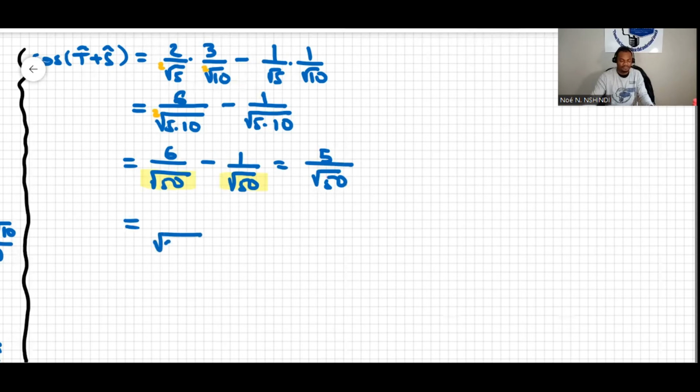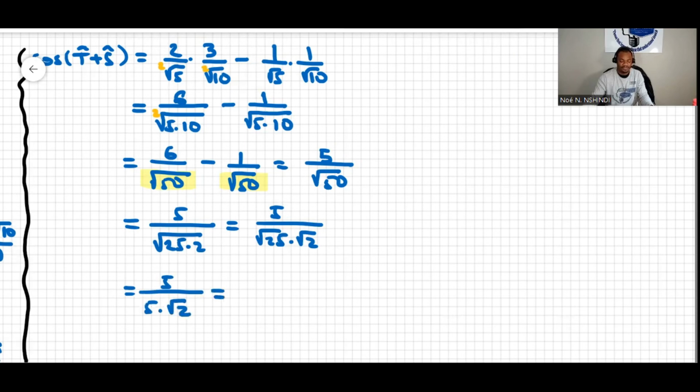It's 25 times 2, isn't it? So this is 5 over √25 times √2, like that. And then √25 is just 5, so it's 5 times √2.